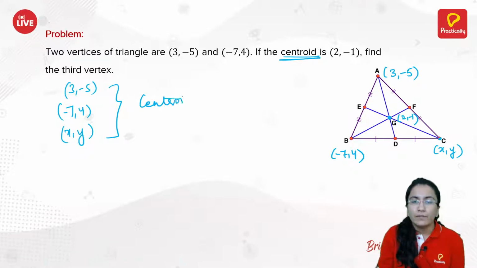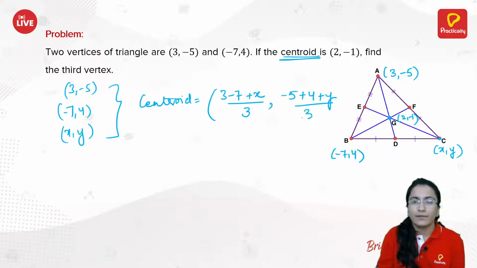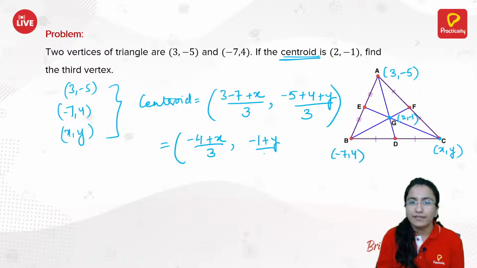Centroid will be, add x coordinates of each, 3 minus 7 plus x divided by 3, comma minus 5 plus 4 plus y divided by 3, right? So this is same as minus 4 plus x divided by 3, comma minus 1 plus y by 3, right? So this will be equal to the given coordinates, that is 2 comma minus 1.